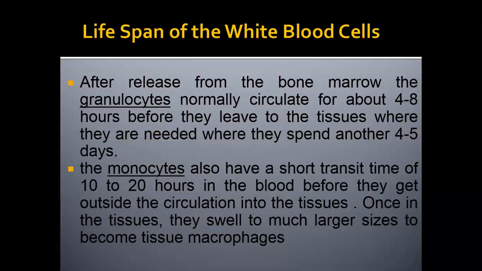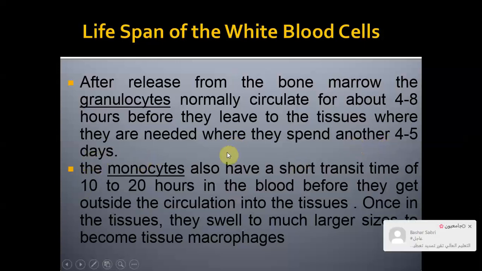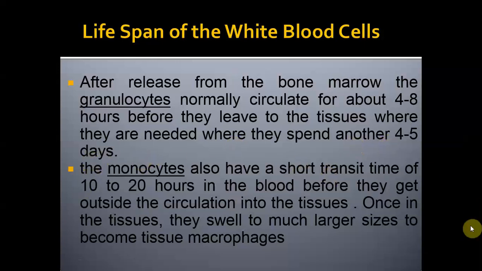The white blood cells are going to leave the circulation, egress from it, and go to the area where it is required. In that area, they will spend another 4 to 5 days before they die, after performing their function. This applies for the granulocyte.